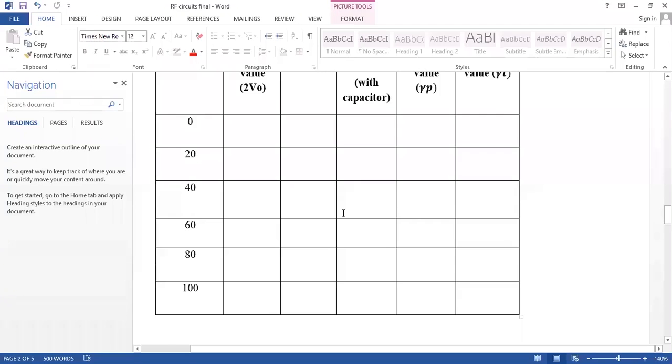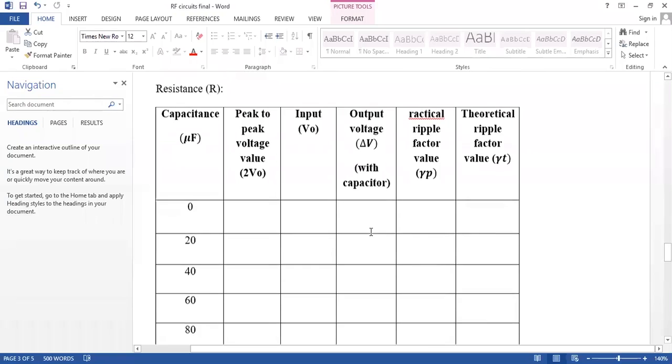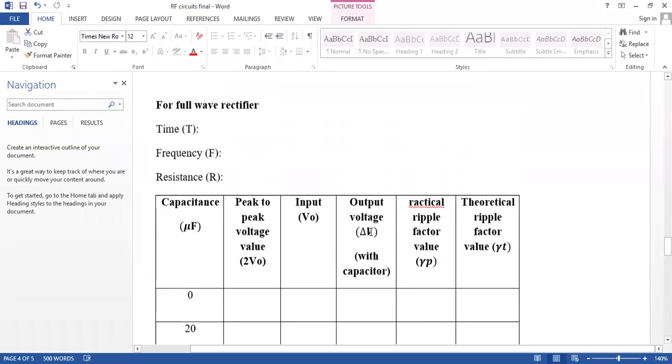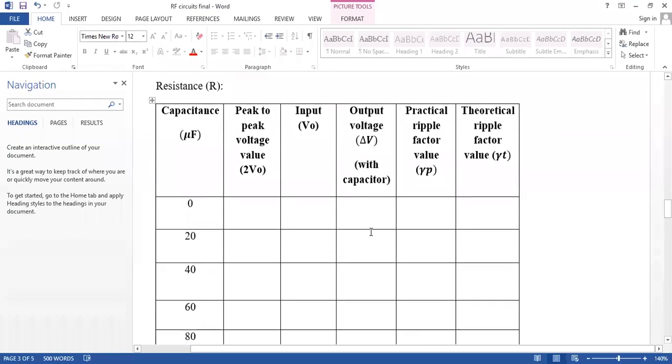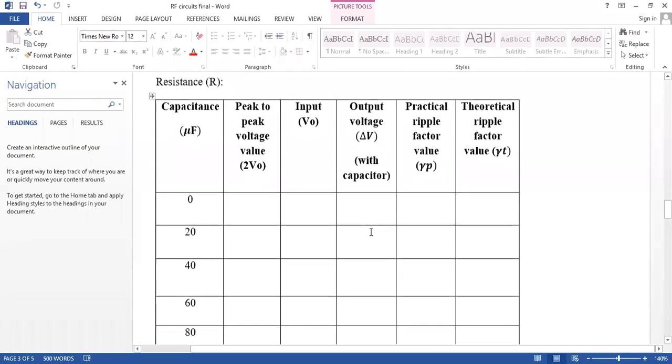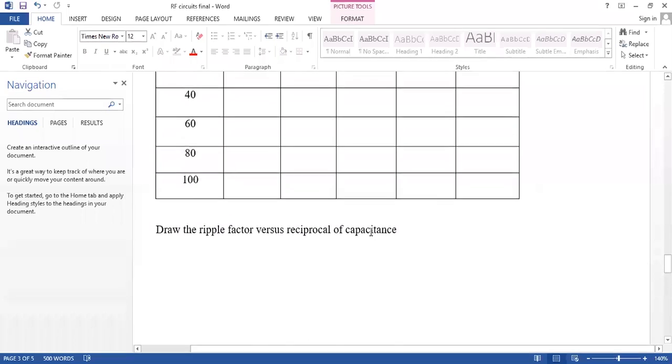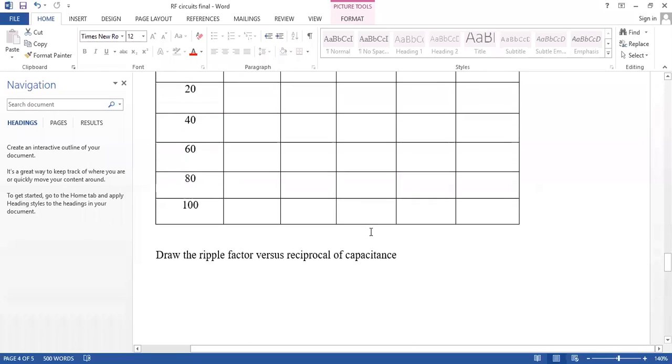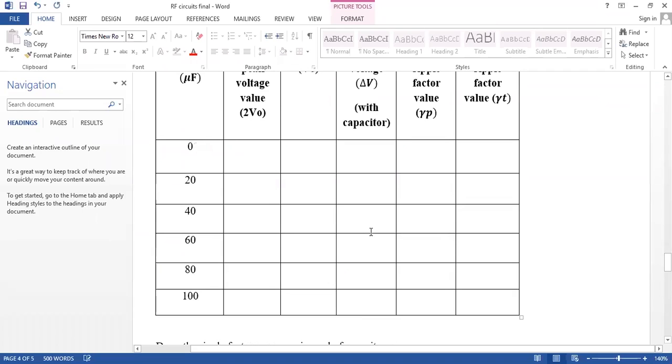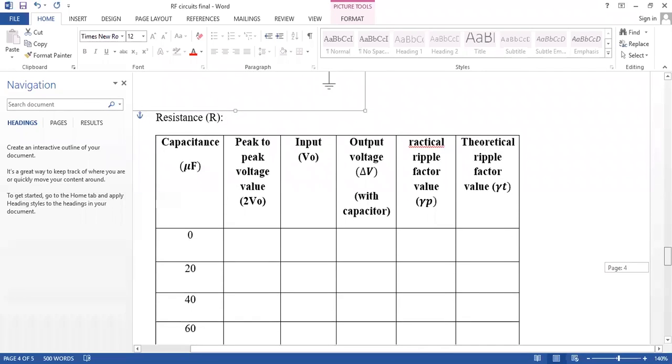This one I already explained, and the peak to peak I explained only for half wave rectifiers, because the half wave and full wave rectifiers are the same. So you can change the capacitance value in the output waveforms, and you can find the output voltage.